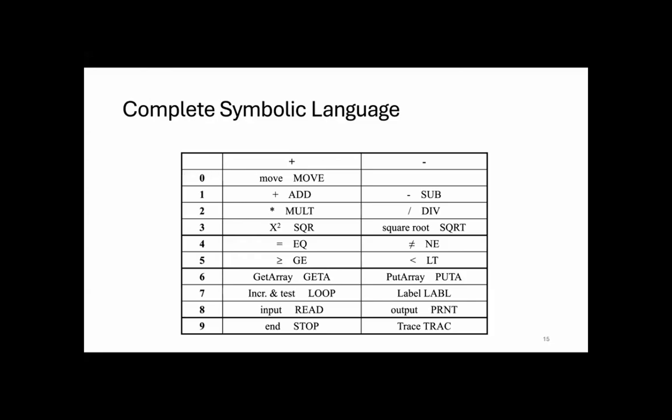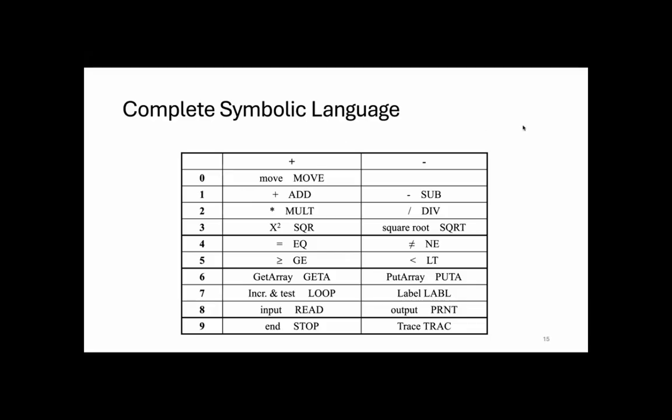So when we think about it, our language now is more of a complete language. We have more of a symbolic pseudocode language. Symbolic again means that instead of using instructions like 0, 1, and 2, we're actually using a word or a symbol or a label referencing the instruction, making it much easier to read the program and the instruction.